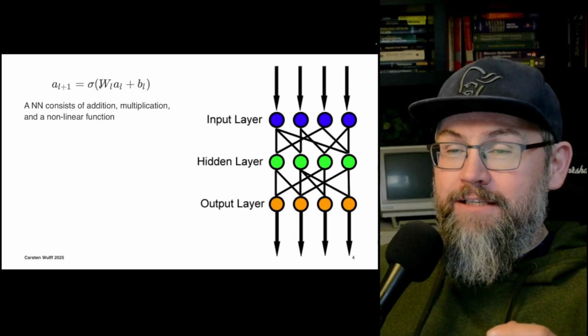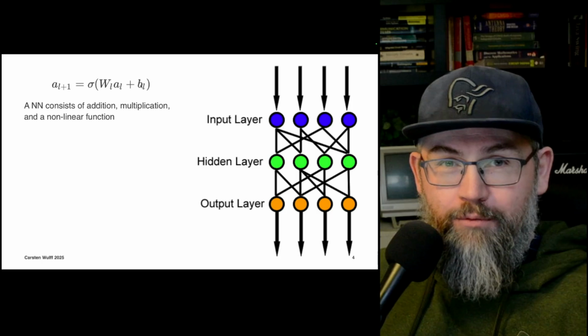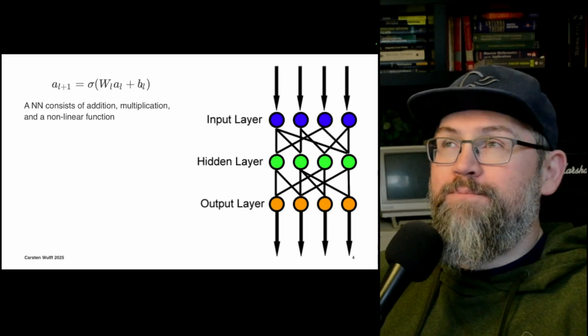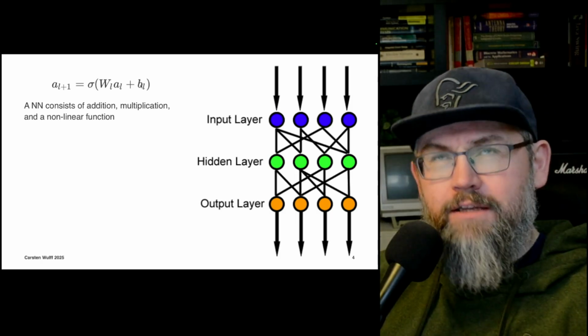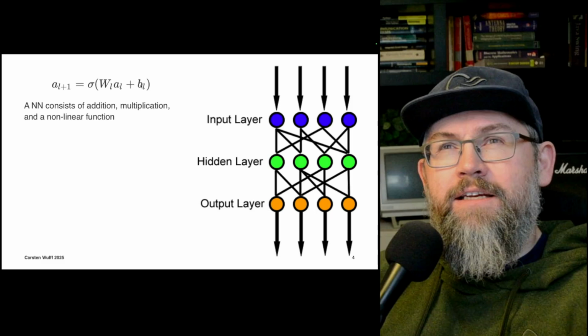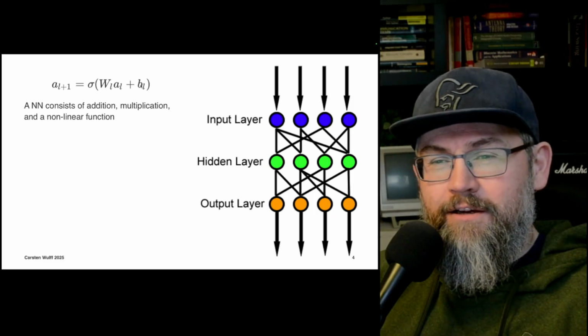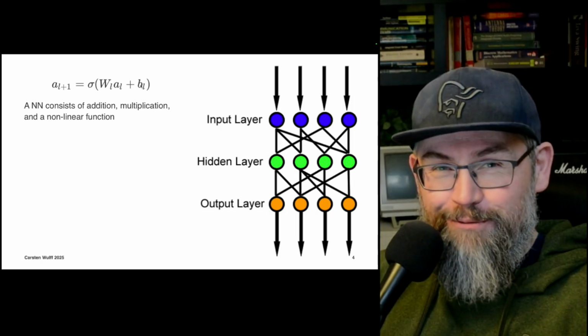Now, as you tune the weights and the biases in these neural networks, you are able to kind of encode an understanding element into the neural network. Have a look at 3Blue1Brown's videos.